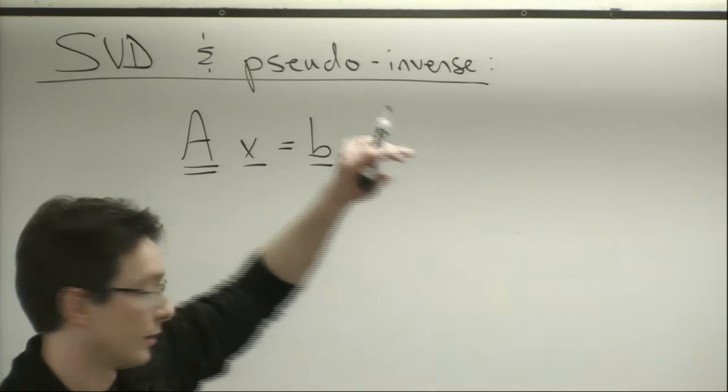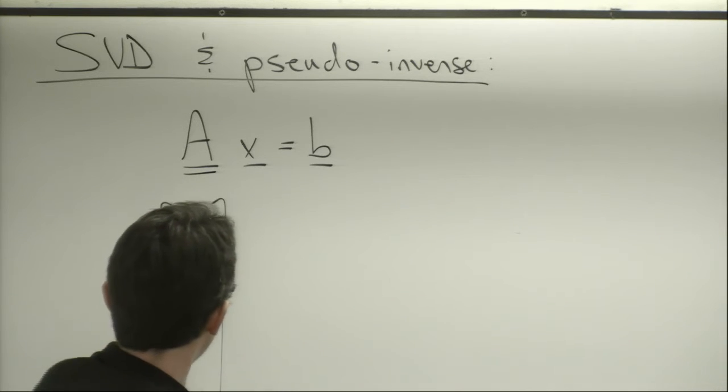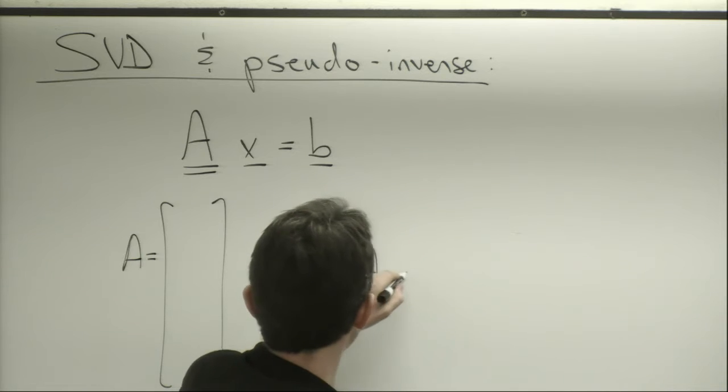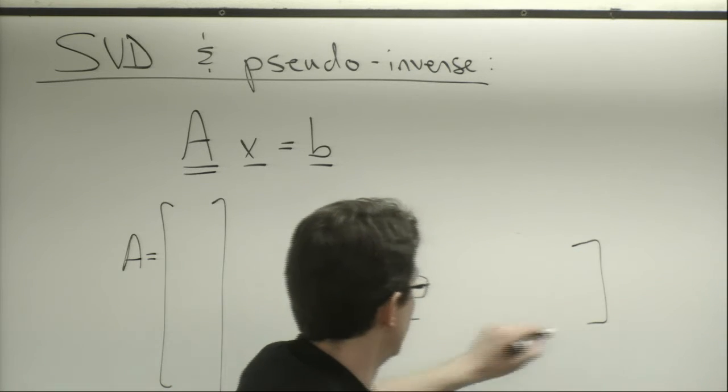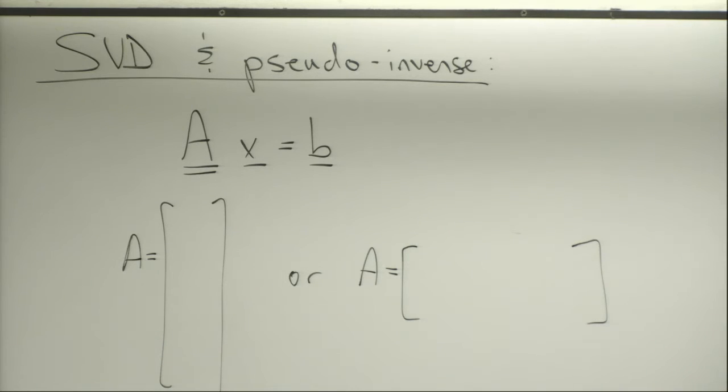What if A is either a tall, skinny matrix, or A is a short, squat matrix? Then what are our options? Okay, pseudo inverse, yeah.